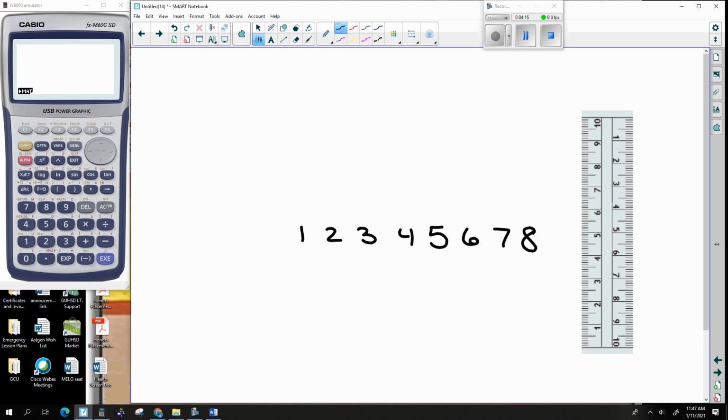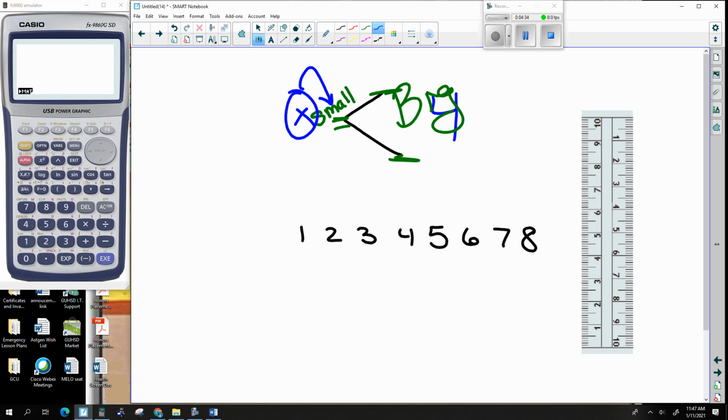Okay, what if I have something like this? I have this side, where the measurement is really, really big, and this side is really, really small. So I see that x is smaller than 4.